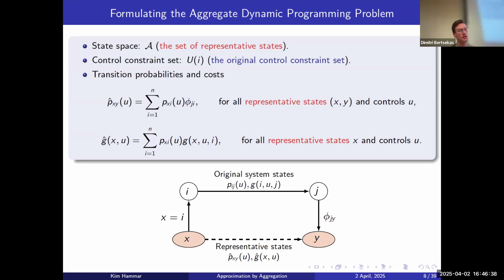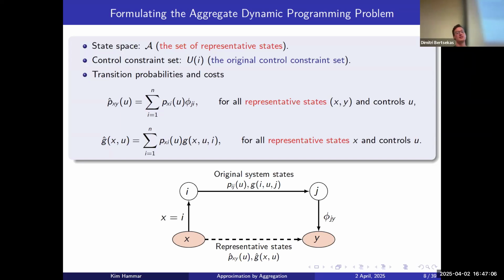But in practice, it turns out that very often the practically relevant dynamic programming problems will be sparse, in the sense that from a given state X, there's only a small subset that you can reach with a non-zero probability in one step. And therefore, quite often we can reduce this sum from 1 to n to a much, much smaller number. And that makes these calculations efficient.